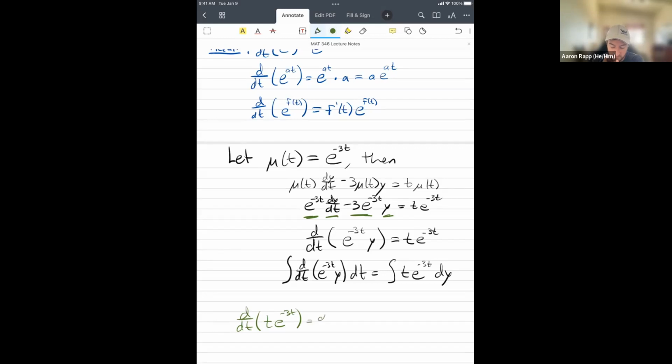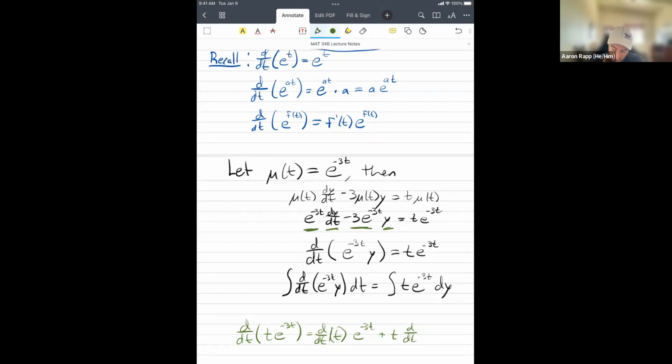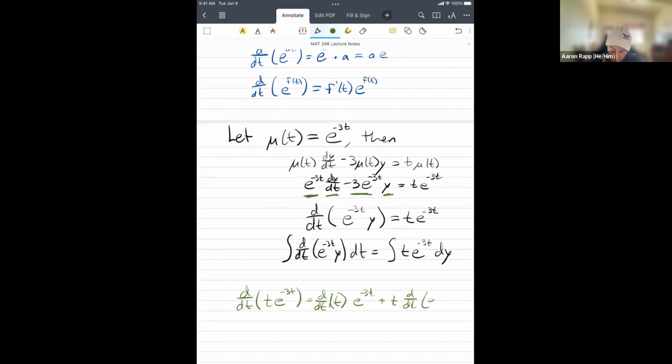So it'd be the derivative of t times e to the negative 3t plus t times the derivative of e to negative 3t. The derivative of t is 1, so this is e to negative 3t plus t times negative 3 e to the negative 3t, which, if I factor out that e to the negative 3t, is (1 minus 3t) e to the negative 3t.